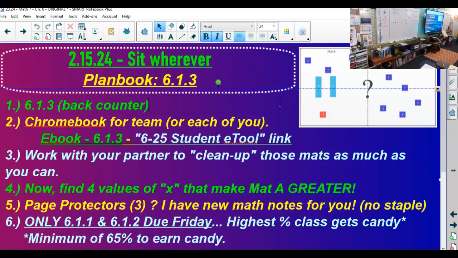Keep reading the directions up there, especially step 4. Make sure you then look back at the board and read step 4.